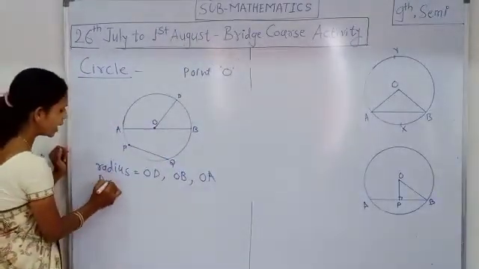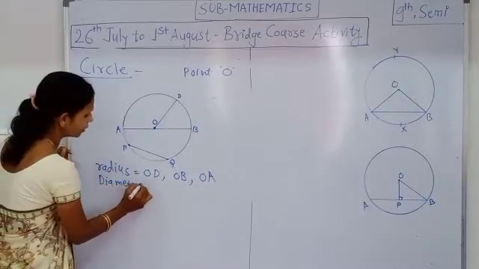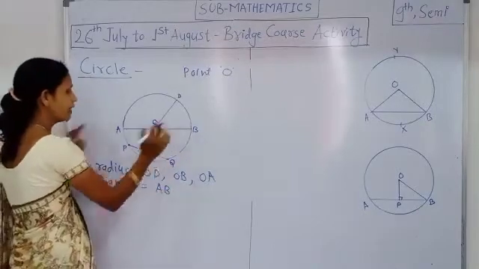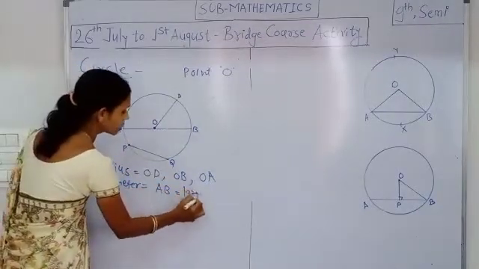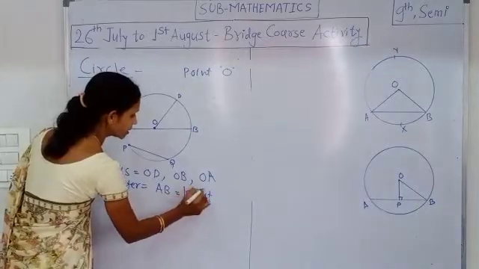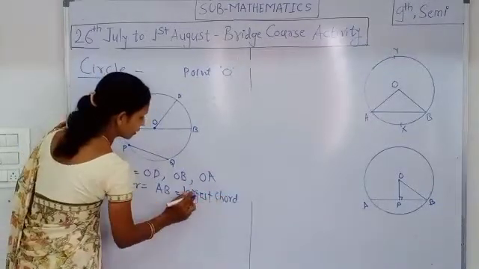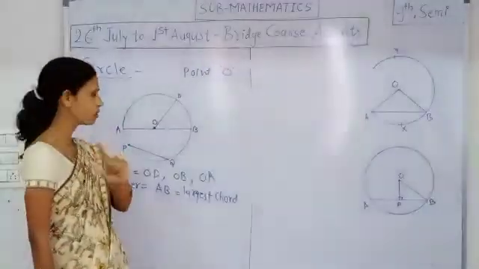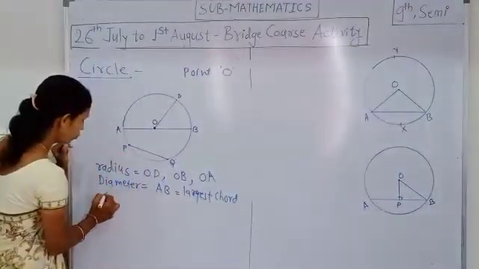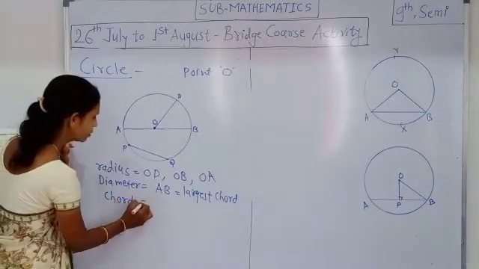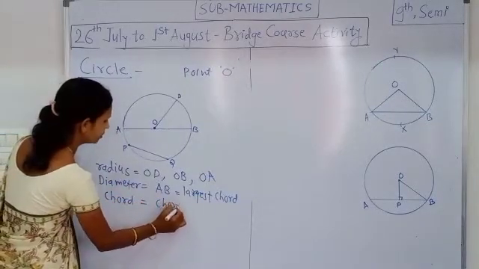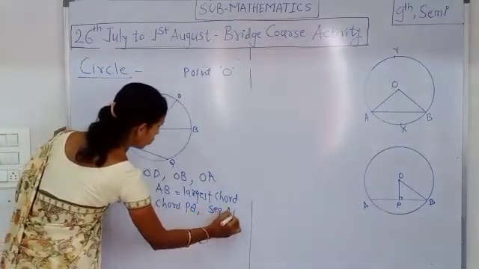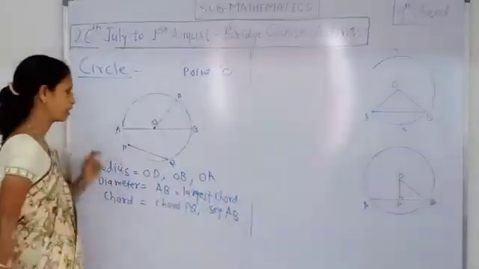As well as the diameter of the circle, segment AB is a diameter, which is the largest chord of the circle. Diameter is the largest chord of a circle. One more chord given here is chord PQ, and segment AB is also a chord of that circle.